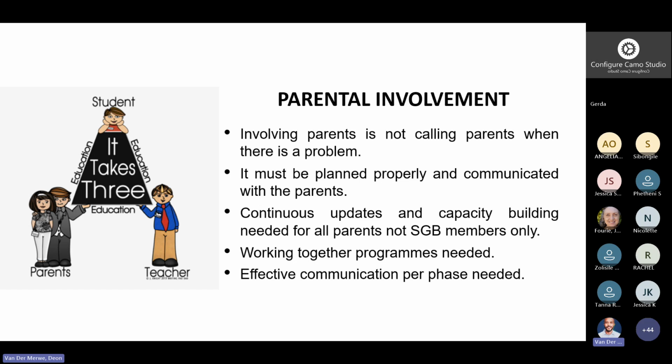That is very important. As you work through the different assignments and the different sections of the assignment, it is important that effective communication is kept throughout the phase.